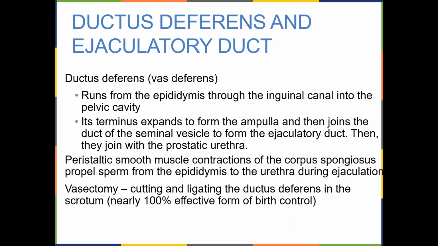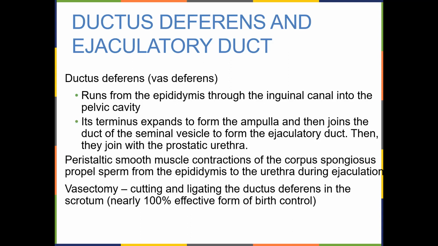During ejaculation, we force the sperm and semen up from the testes. We force the semen out of the seminal vesicles through smooth muscle contractions and then out through the urethra.